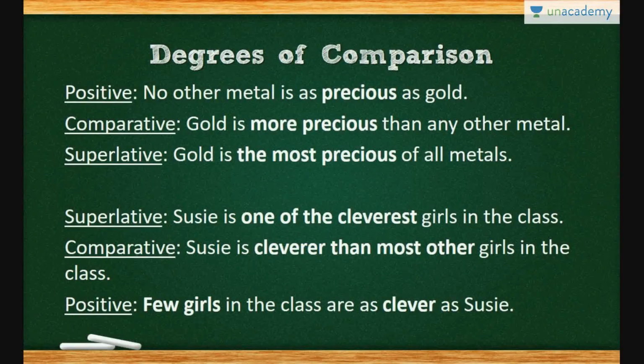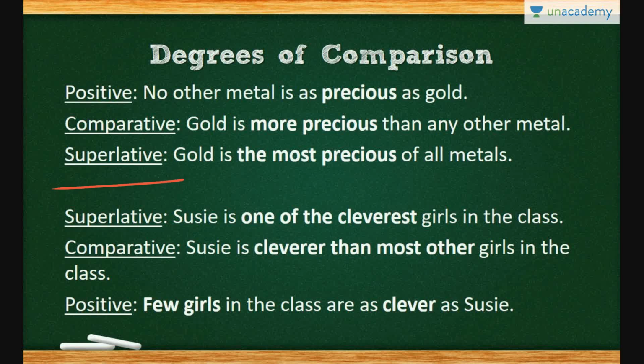So, before we get to the next rule, let's discuss the degrees of comparison in adjectives. There are 3 degrees of comparison in adjectives: positive, comparative, and superlative. Superlative is the highest degree.